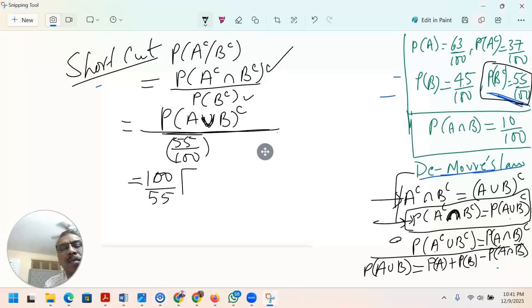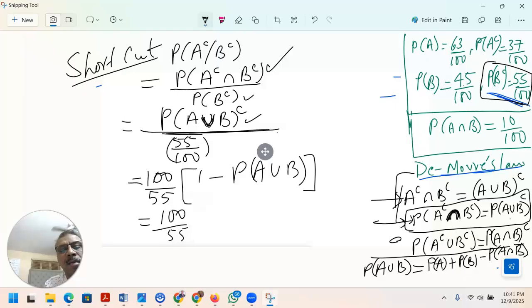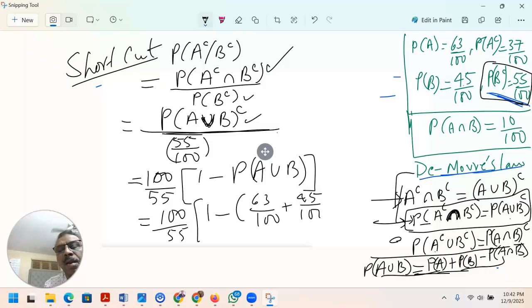And then this piece we can write as the complement of A union B. Using the complement rule, we write 1 minus A union B. I already have that formula: add the first probability, 63 over 100, plus 45 over 100, minus 10 over 100.